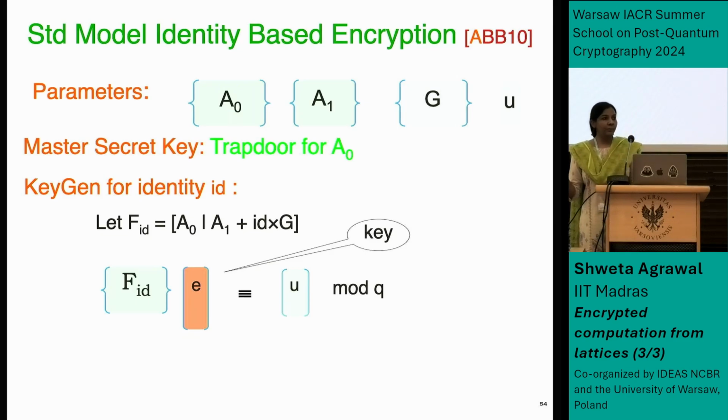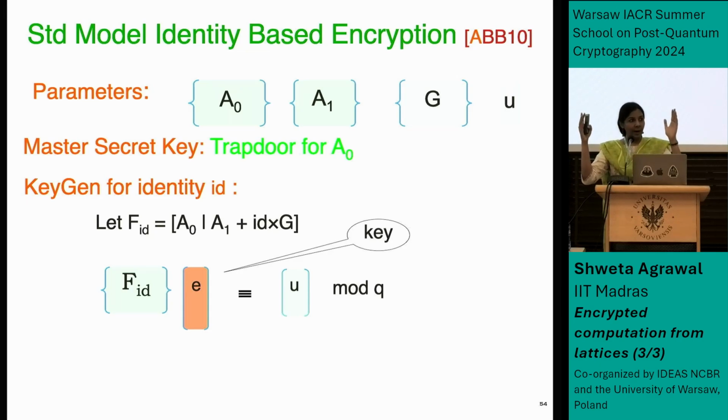So now what do I have? I have A0, A1 prime. This is my matrix. And I need an E such that A0, A1 prime times E is U. So we'll also break E into two parts, E1 and E2. So now I have the equation A0 E1 plus A1 prime E2 is equal to U.